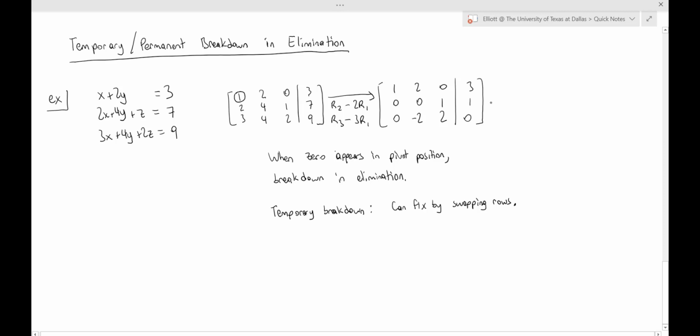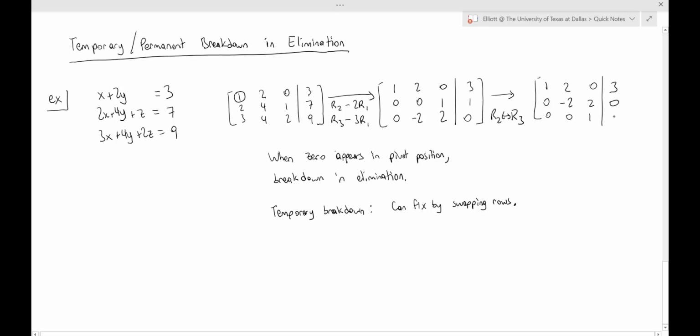So for instance, in this example, I could just swap row 2 and row 3. And if I did that, that would solve all of our problems. So we would get a non-zero number up here, which we could use as a pivot.